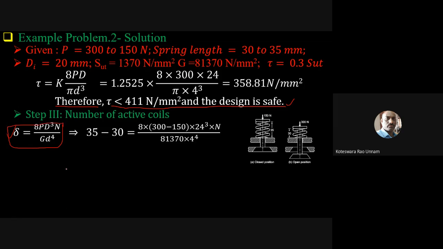But instead of P, I can use dP, that is the change in load, into D cube n divided by G d power 4. The same formula, the only thing is in place of P I'll substitute dP.